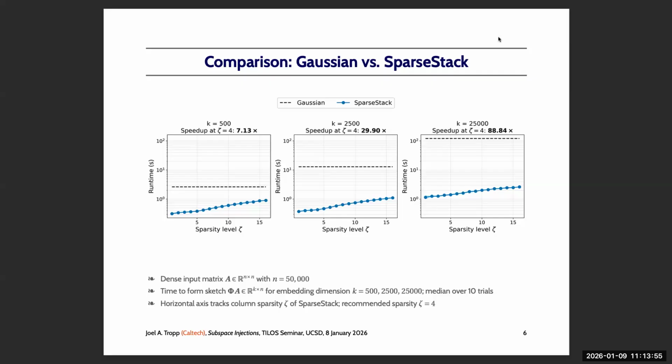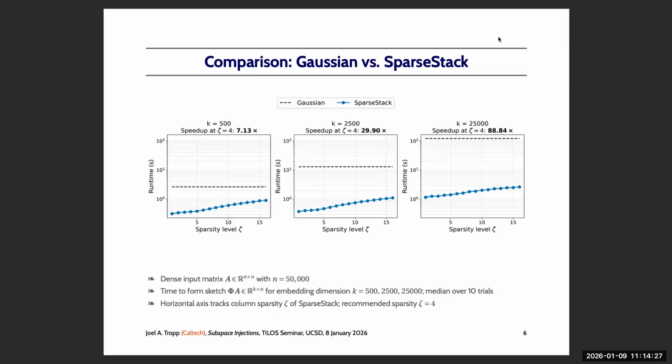For the smallest problem, where we're squashing the matrix as much as possible, we see that the cost of doing this with a Gaussian is a few seconds. And for very sparse random matrices, we can get almost an order of magnitude speed up. On the horizontal axis, I'm telling you the number of non-zeros per column of the sparse matrix. So you can see that we get an improvement using the sparse matrix, and the sparser the matrix, the more we can improve.